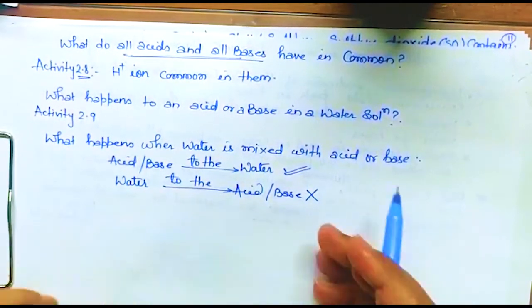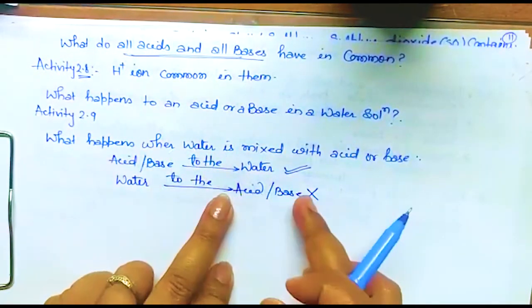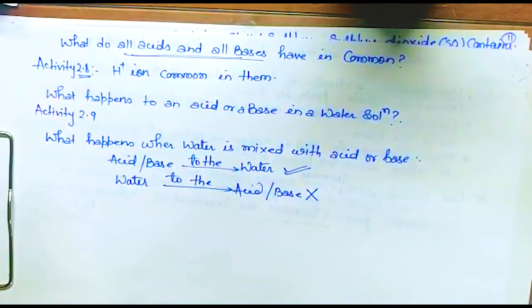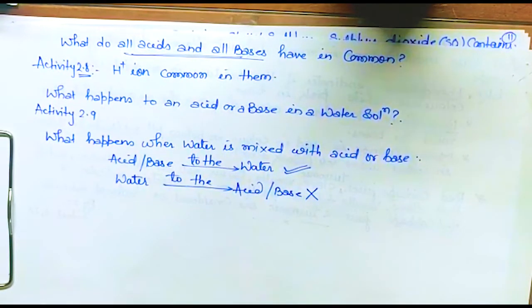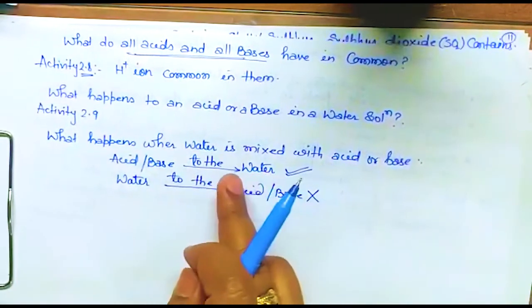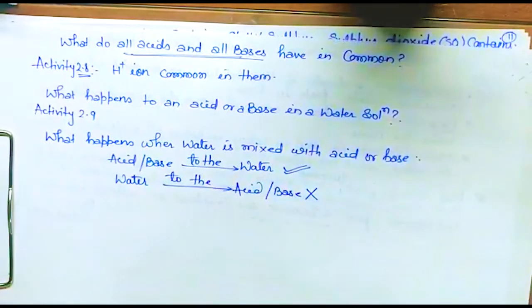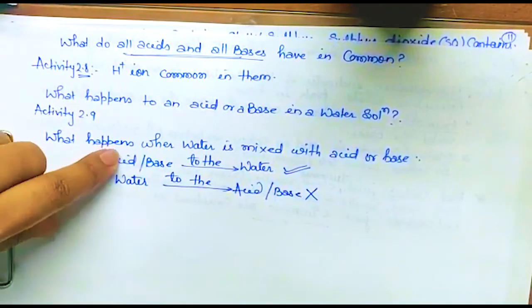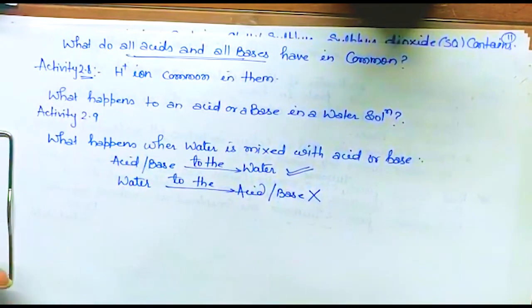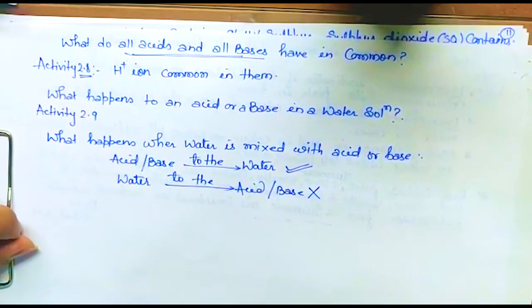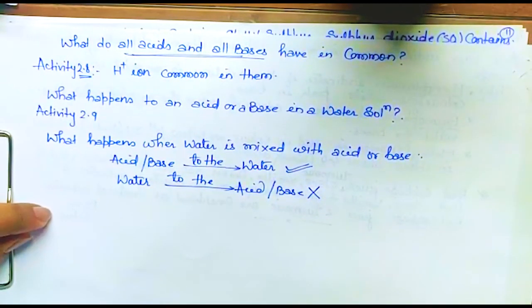Why? What is the reason? Because in this case, if you are adding water, the acid and base content is very high over there. So if we are adding water to that, it will be a highly explosive reaction. But in the other case, the water is in the maximum amount and we are adding acid and base slowly. So it will dilute the acid, that means it will reduce the effect of the acid and base.